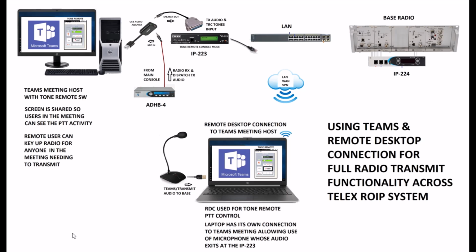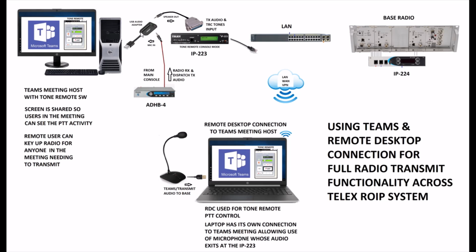Just to recap on how the original system worked, we have a PC here, and we host a Teams meeting on it. Instead of connecting a microphone into the microphone jack on the PC, we connect the logging output audio from the main console that has the base radio's receive audio and the dispatcher's transmit audio combined together.